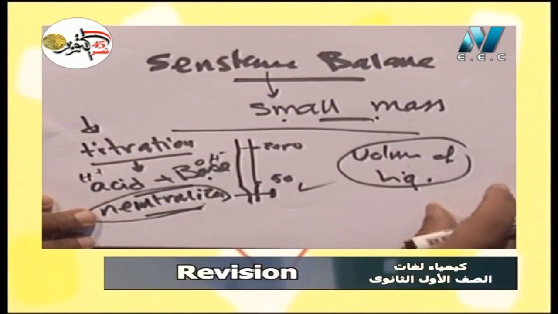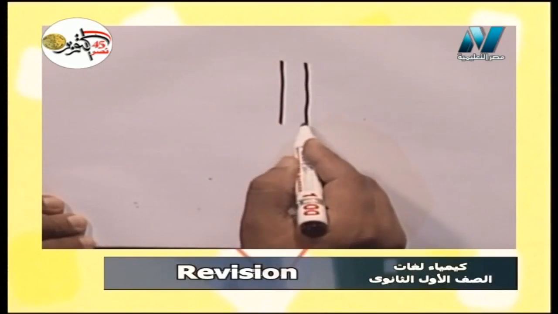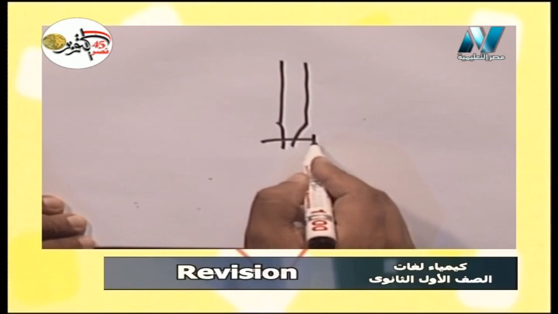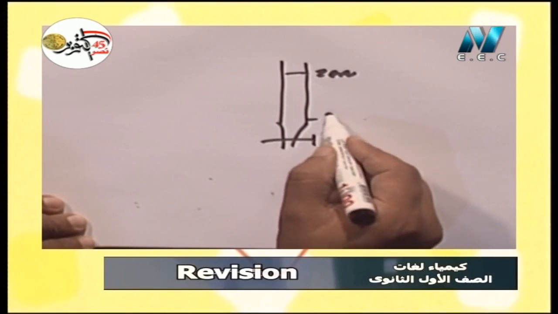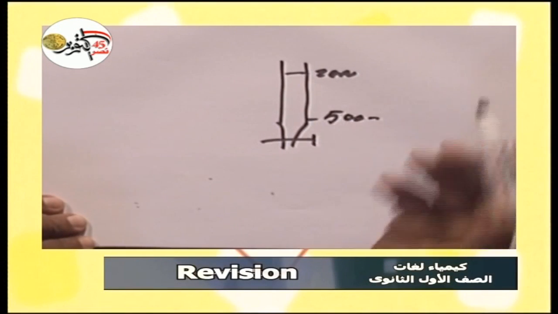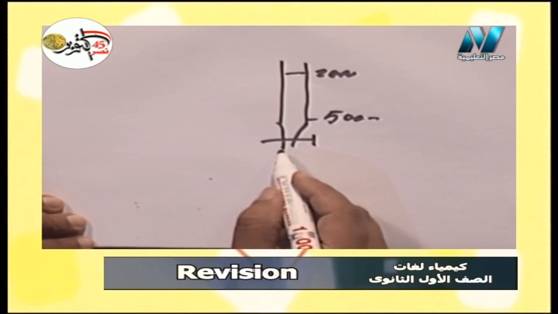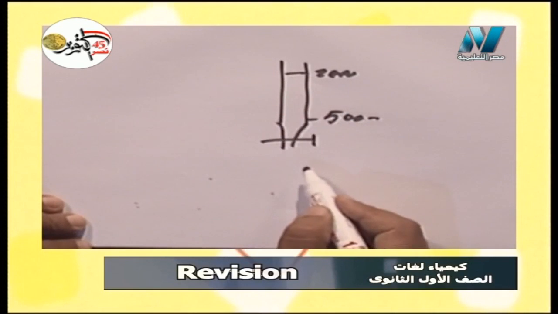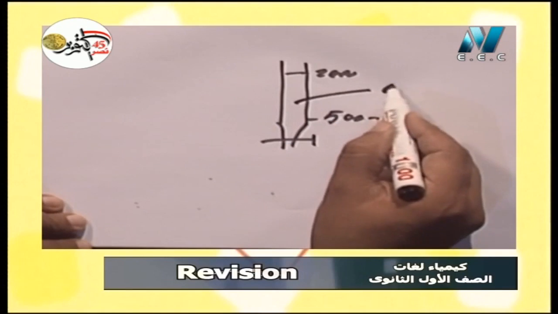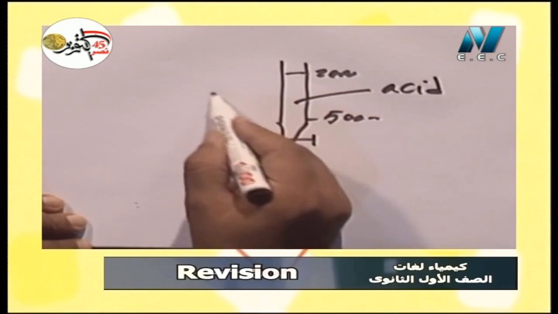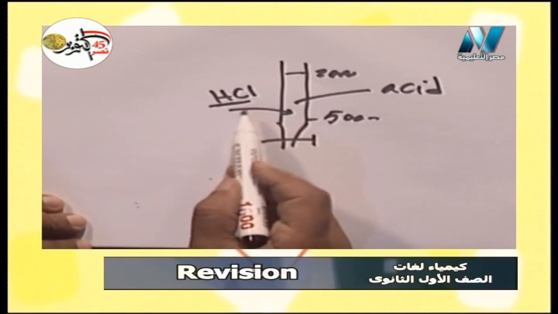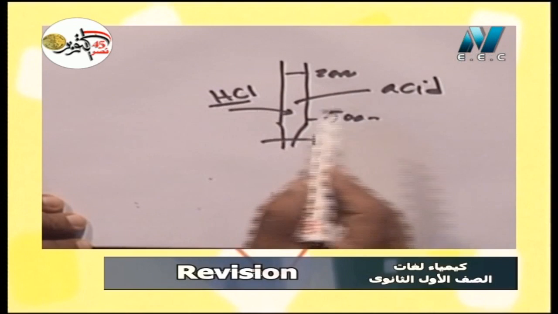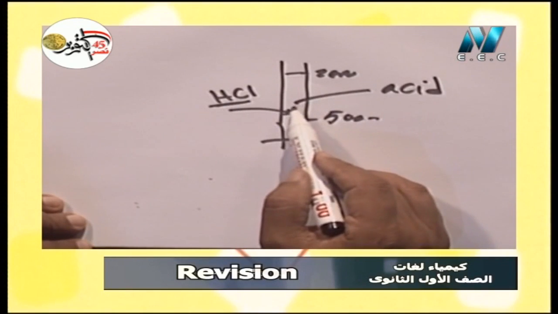We take a burette like that, with 0 here and 50 or 500 here, whatever its capacity is. I start by taking this burette and putting the acid in it, for example HCl, with known concentration. So I call it a standard substance. Why? Because it is a substance whose concentration is known.